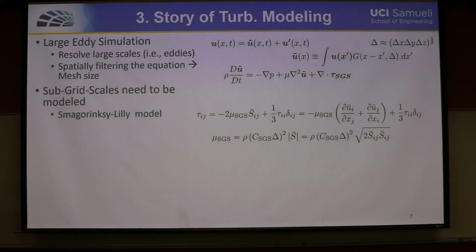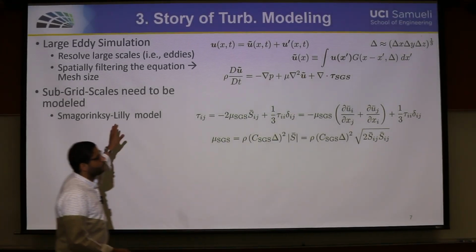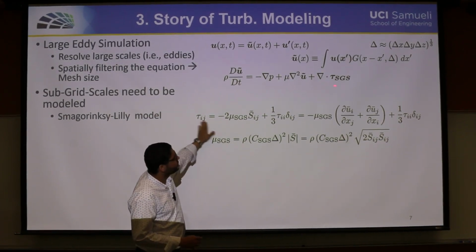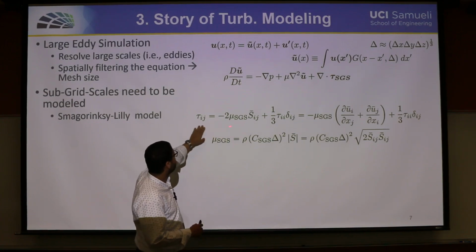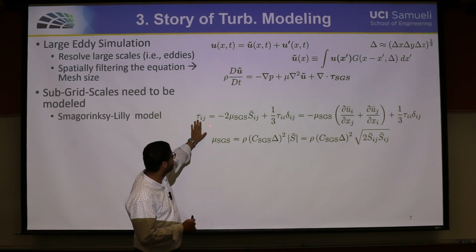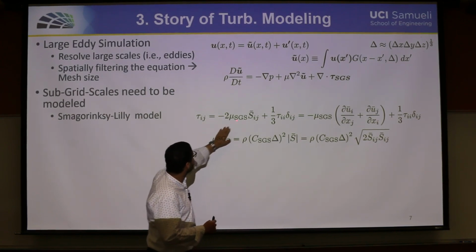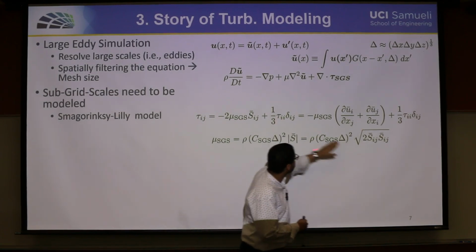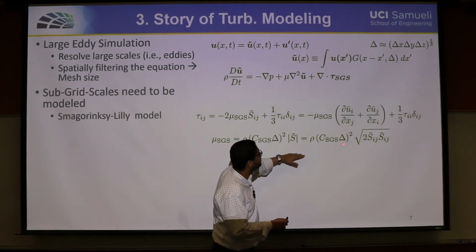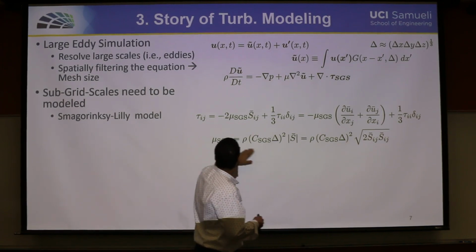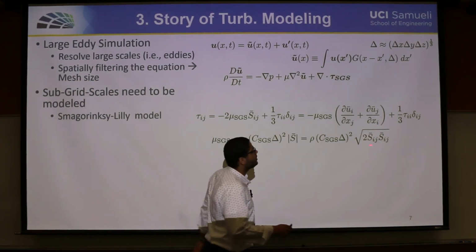Lilly model. And again, what they assume is that they have the shear stress for the subgrid scales, and they assume a function for that tau term, and then they compute the coefficient of viscosity and the tau as a function of, as you can see here, the filter size, which is the large delta, a couple of constants, and the strain rate.